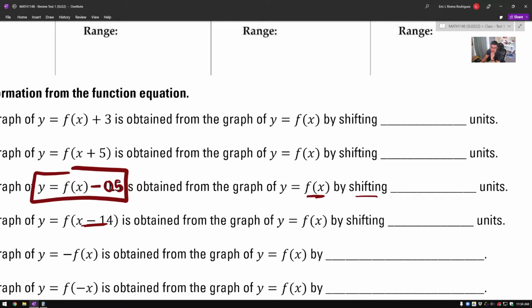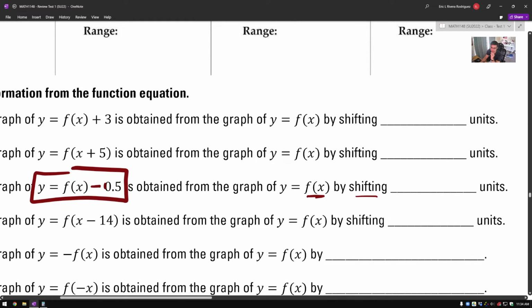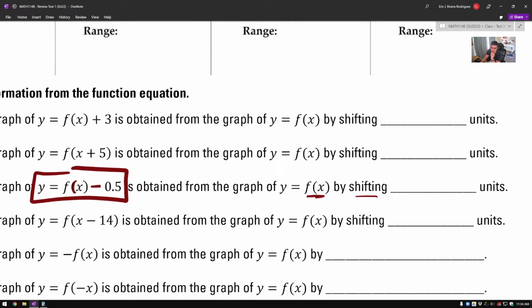This one is the input group because it's within the parentheses. But since this one is outside the parentheses, minus 0.5 is a vertical transformation. It is on the output group, and we are subtracting, so we shift down 0.5 units.